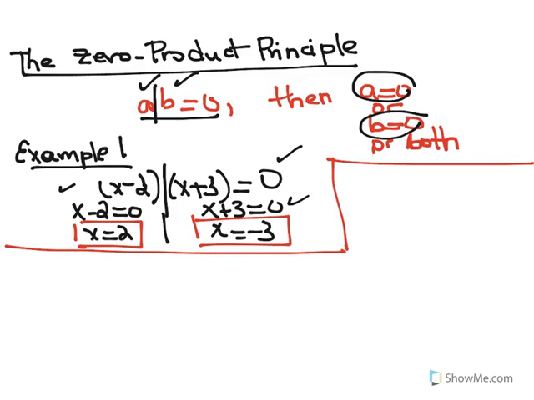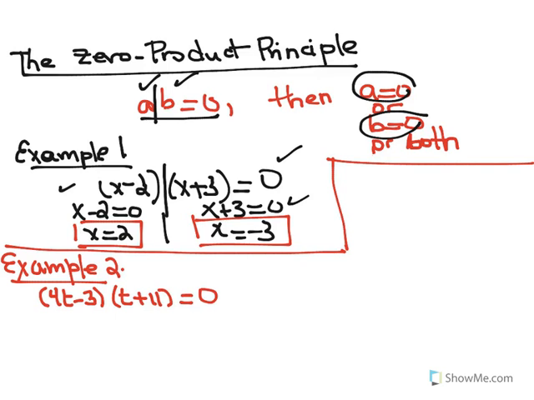Let's suppose that I have another equation. Let's take example 2. Now I have 4t minus 3 times t plus 11 equals 0. Again, I have the product of two expressions, so either this is 0 or this is 0.